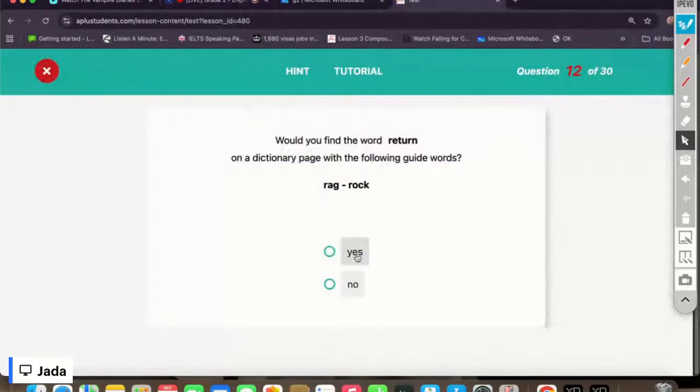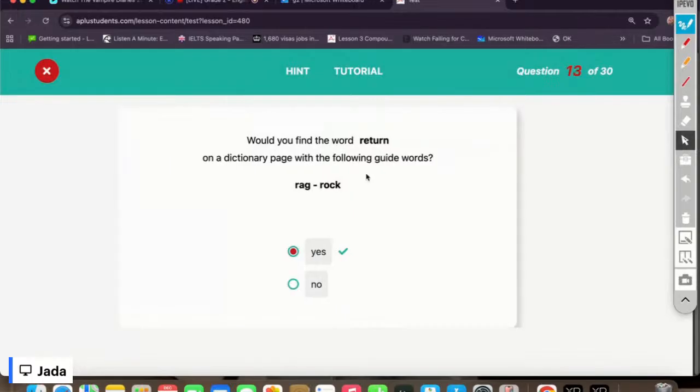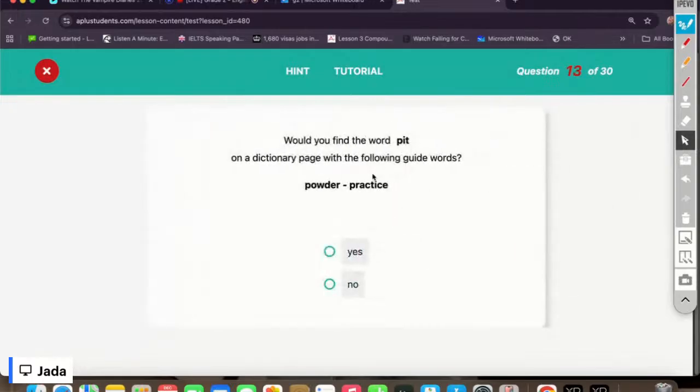So yes, we can find return in between. Then pits. Can you find pits in between powder and practice?